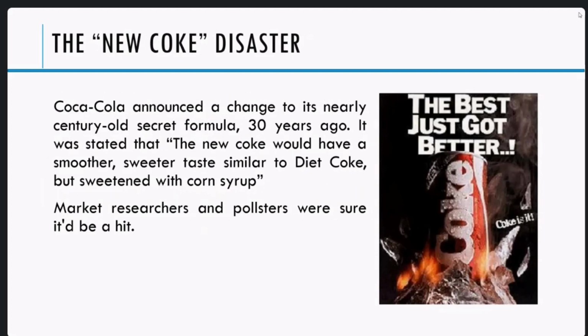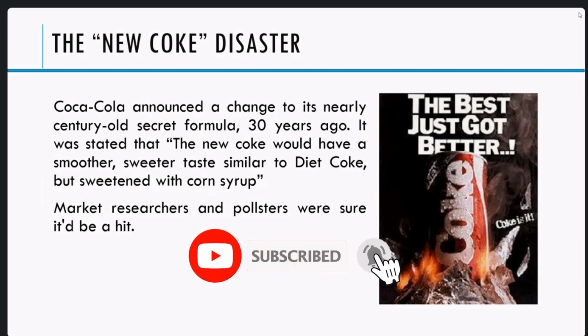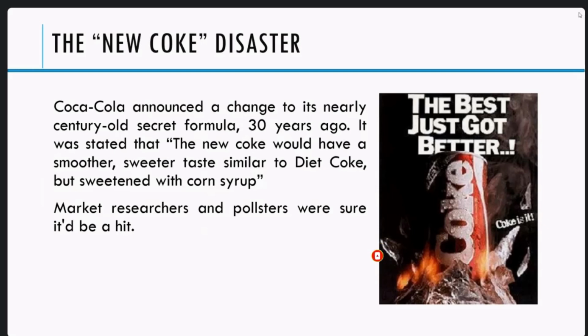30 years ago, the company named Coca-Cola, you all must be knowing the company Coca-Cola, it announced a change to its nearly century-old secret formula, 100 years old secret formula. Coca-Cola is being 100 years old company, and the original Coca-Cola taste has been adopted by most of the people, almost all the people over the globe.